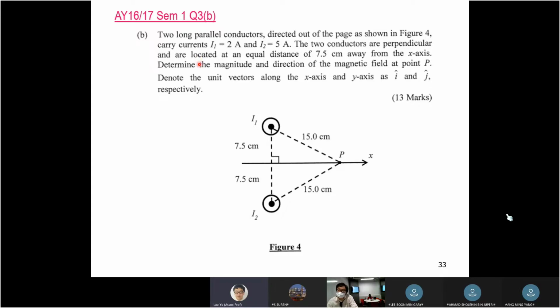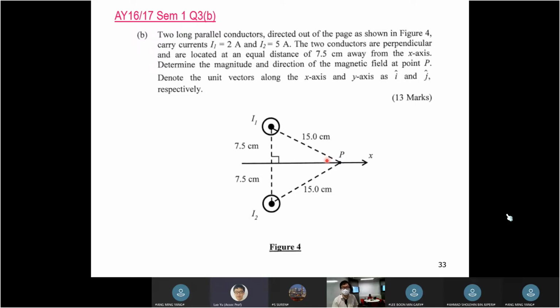Then I want you to determine the magnetic field's magnitude and direction at this point P. This point P is 50 centimeters from both currents and is on the x-axis. This means point P and the positions of the two wires form an equilateral triangle, so each angle here is 60 degrees, and the half angle with respect to the x-axis should be 30 degrees.